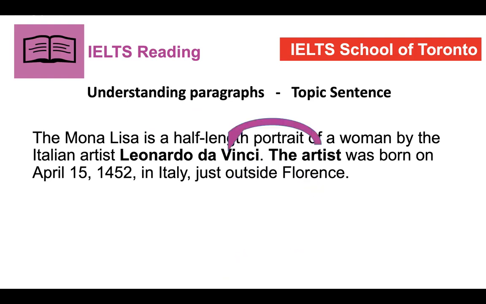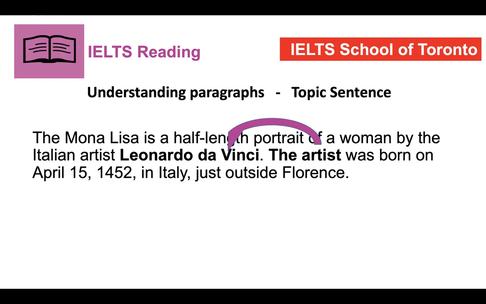So the author, the writer, is shifting the focus. The first sentence tells me something about Mona Lisa. The second sentence tells me something about Da Vinci. That's not the same focus. The focus is changing. So what is this paragraph about, Mona Lisa or Da Vinci? We actually don't know that.